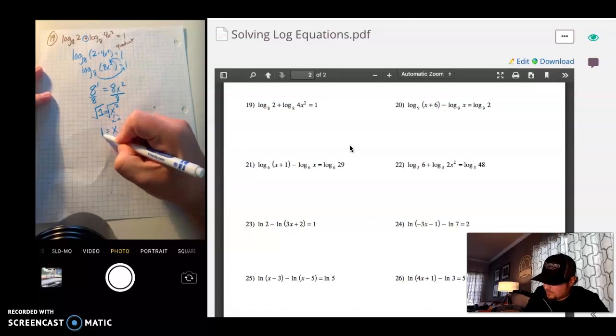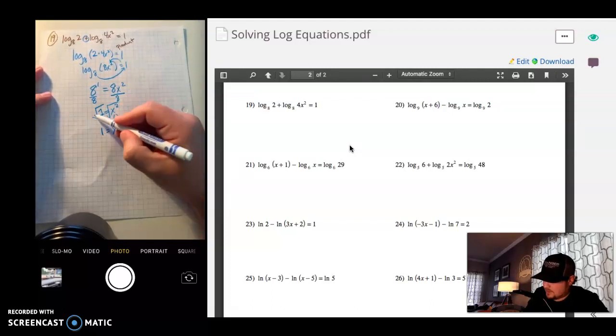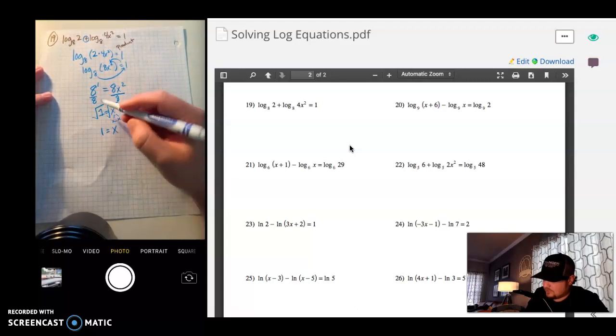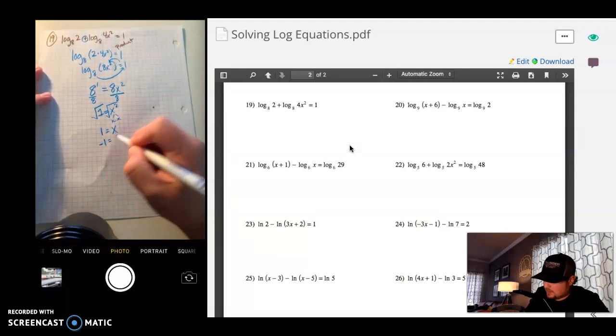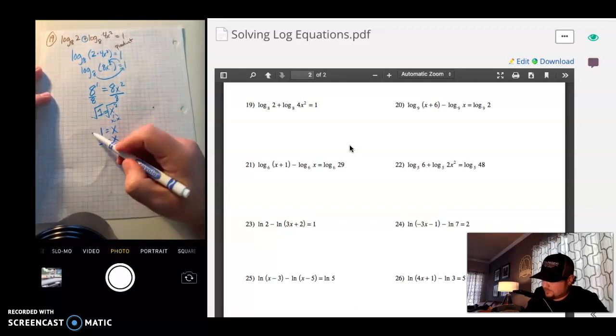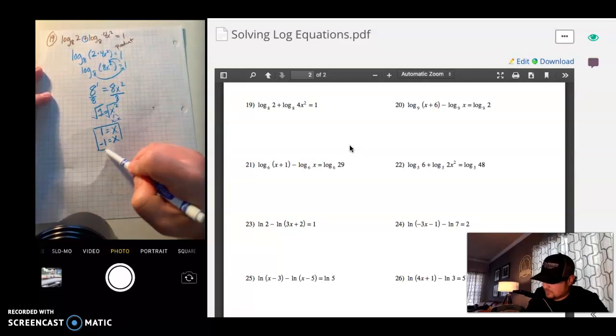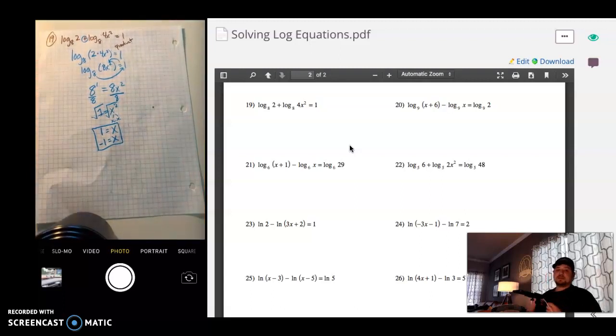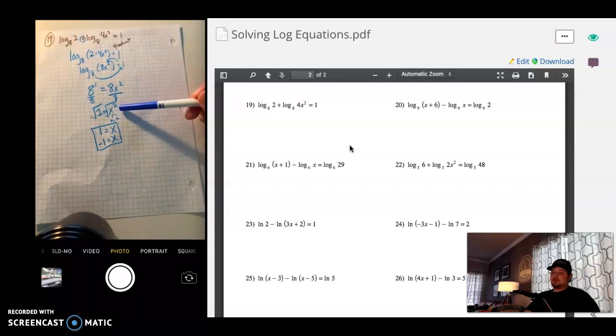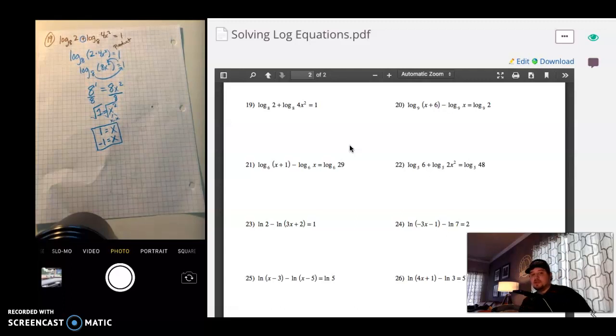But remember that there is also another answer that can come out here because there's another set of numbers I can multiply to get 1, and that would be negative 1 times negative 1. So another square root of 1 is negative 1. So we have 2 answers here, which makes sense because usually when we have a square in the problem, that's going to result in 2 answers. So we have negative 1 and 1.